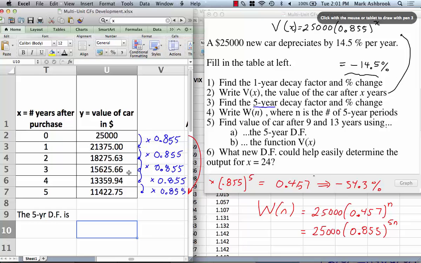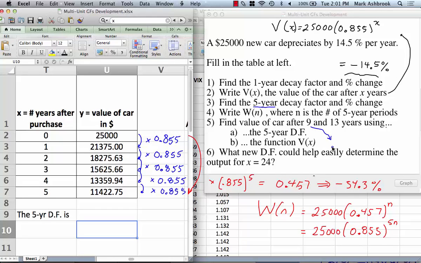Okay, so using V of x, what's the value of the car after 9 years? How could you represent it? How can we represent that with function notation?